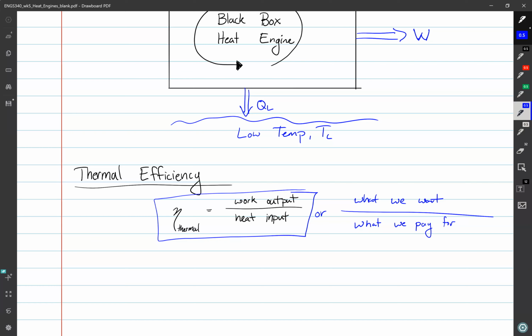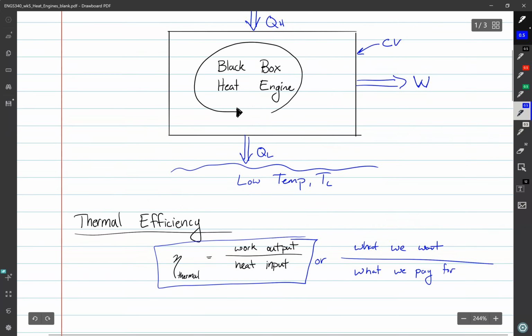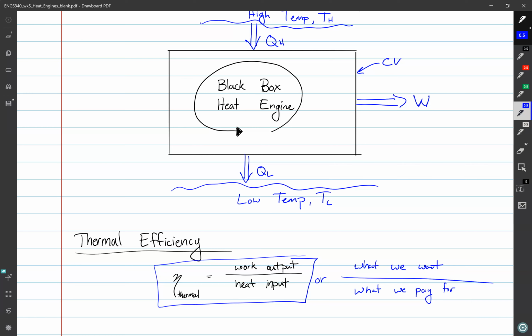So that's going to be the key metric for a heat engine: what do we want? Well, we want work out. What do we pay for? We pay for the heat that we have to put in, which in this black box would be QH. We don't pay for QL. That's energy that we lost. That's the energy that we didn't get to use.